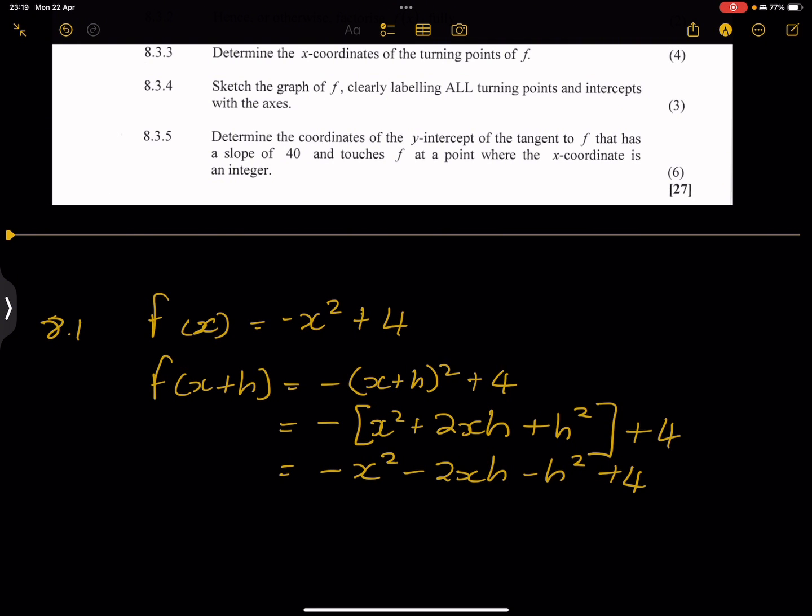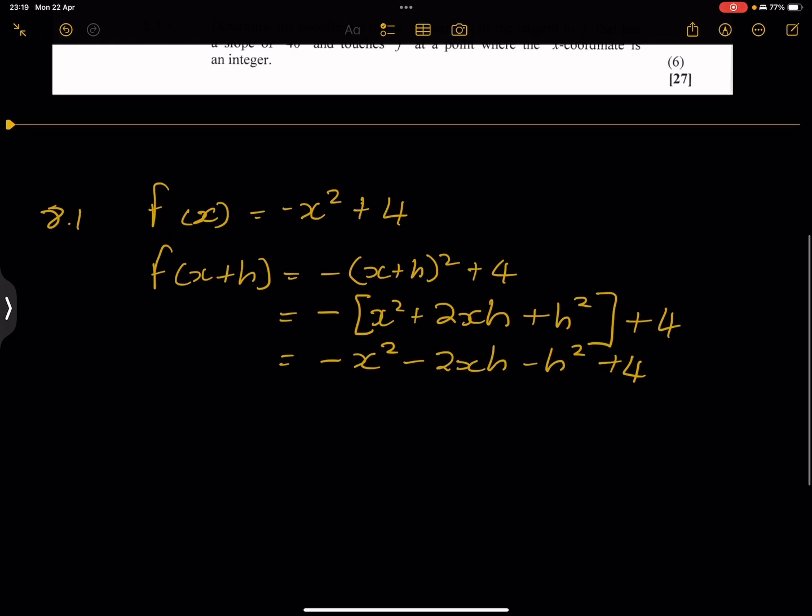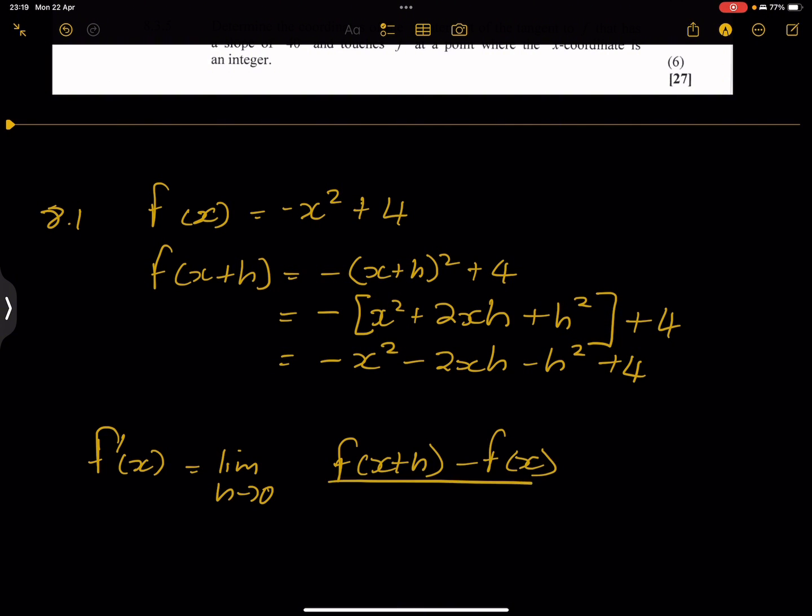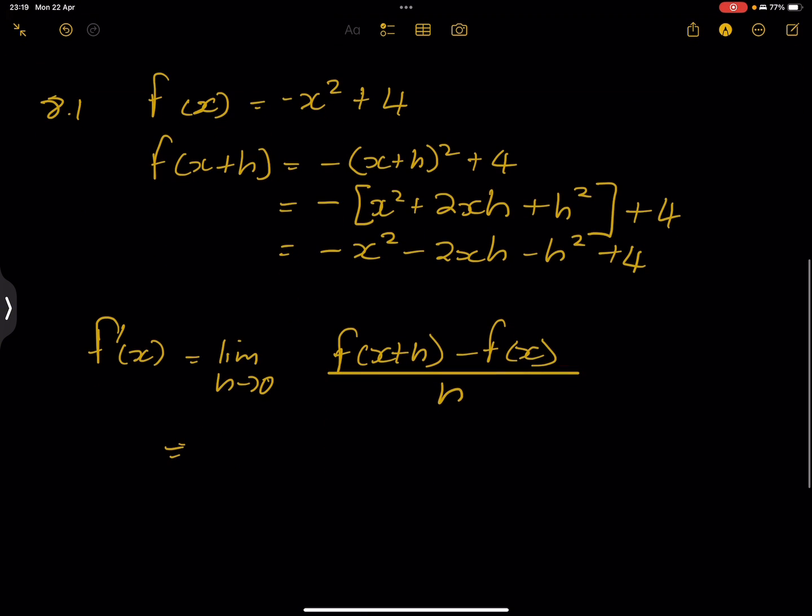So this is f of x plus h, right? So when we take first principles, in this case f prime x is equal to the limit as h tends to 0 of f of x plus h minus f of x, divided by h.